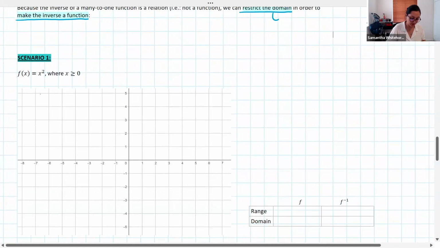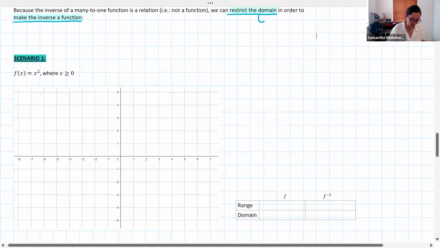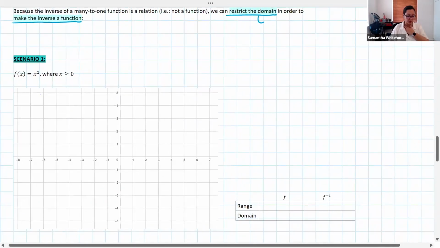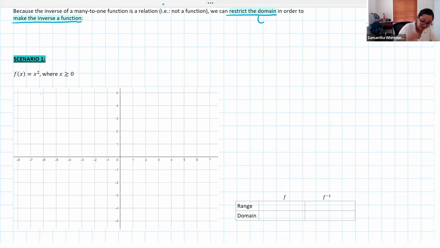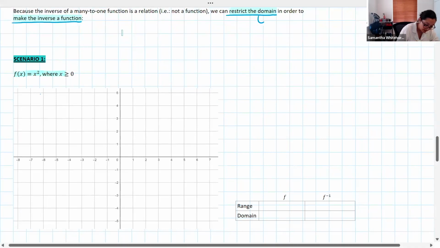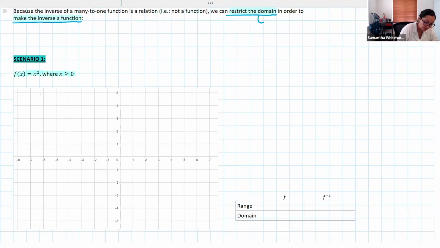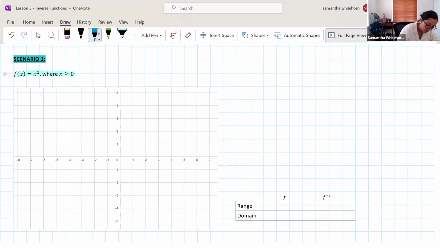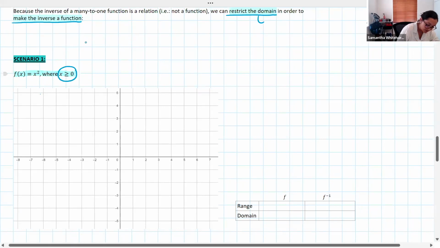Right, so let's have a look at the first scenario where we are dealing with this restriction on the domain. We've been given exactly the same graph, f of x is equal to x squared, but now we've been given this restriction where x is greater than or equal to 0. So this is my restricted domain.